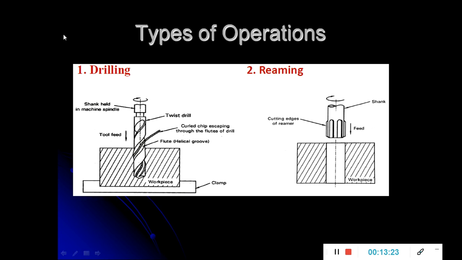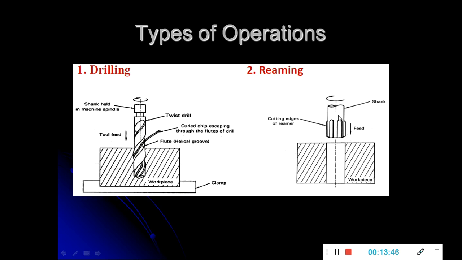This work is done with the help of the operation known as reaming. The tool used for this operation is known as a reamer. The reamer has straight flutes on its outer periphery, and it is done in the same way as the drilling operation. The workpiece is held in a machine hoist or a clamp.